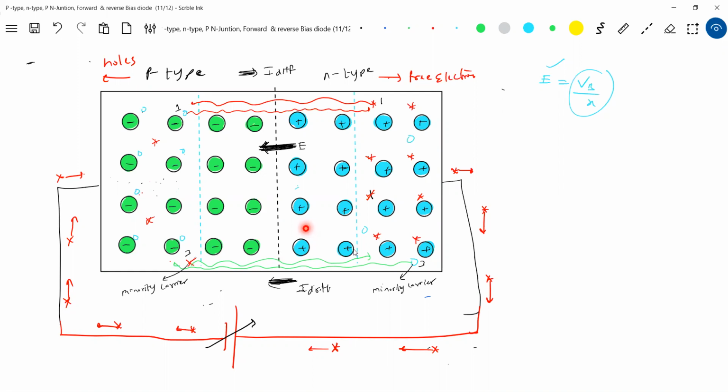That making and breaking of bonds is a natural phenomenon that occurs in a semiconductor. For a 20 micrometer depletion layer width, more covalent bonds should break up.